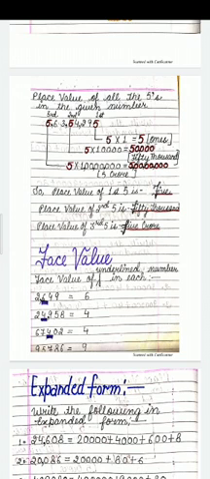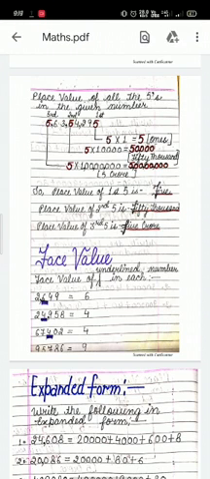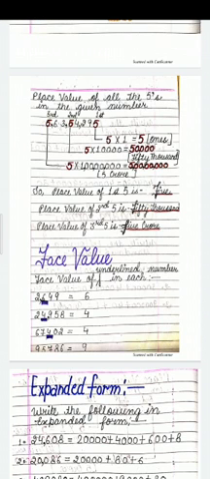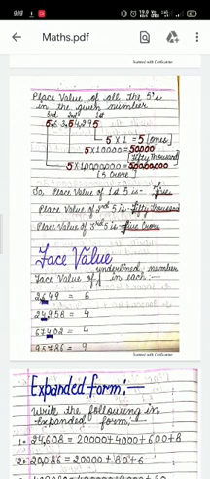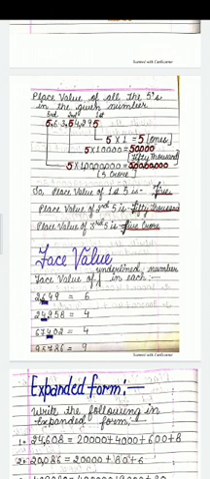So on each 5 their positions are written: first, second, third. First 5 is on the ones place, so 5. Second 5 is on the 10,000 place, so 5 into 10,000 gives us 50,000.